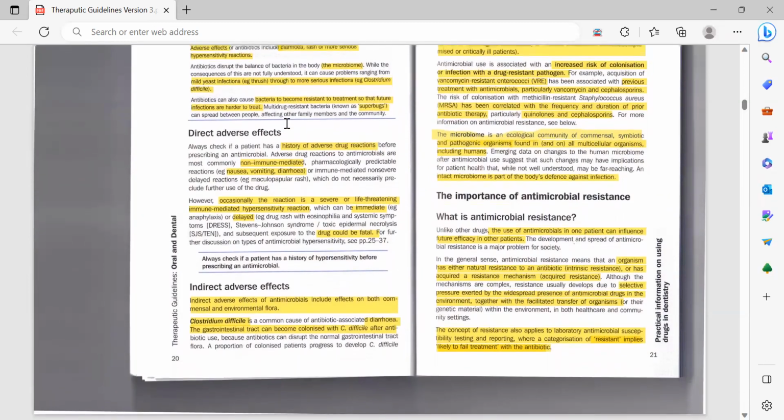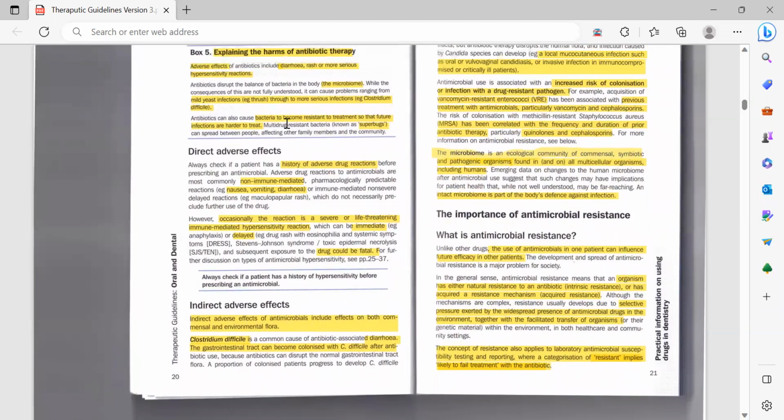They have divided the adverse effects into two parts. First of all is the direct and then the indirect. Directly, what the antibiotic does to your body: before prescribing any antibiotic, you should confirm with the patient if they have any allergy to any antibiotic.